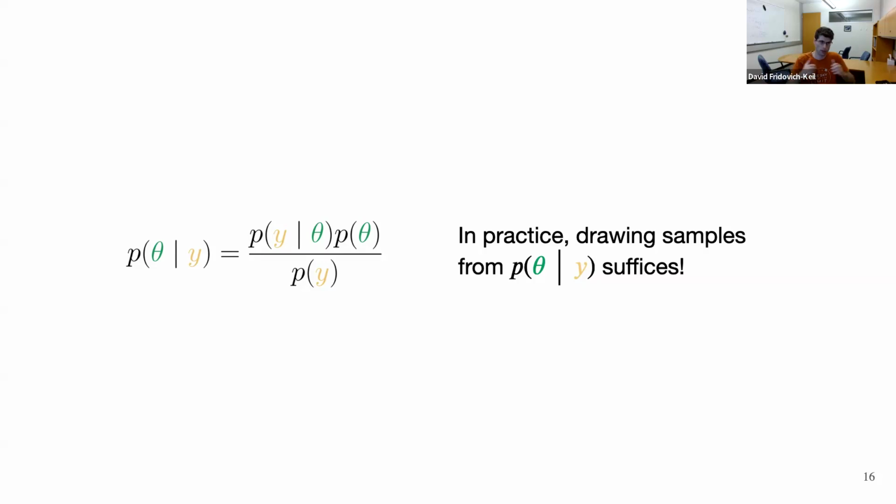So let's say you're trying to plan a sequence of actions for the AV that is best in expectation. You can estimate that expectation with samples, as an example. In practice, there are a lot of circumstances where you don't need the exact posterior. All you need is to sample from it.